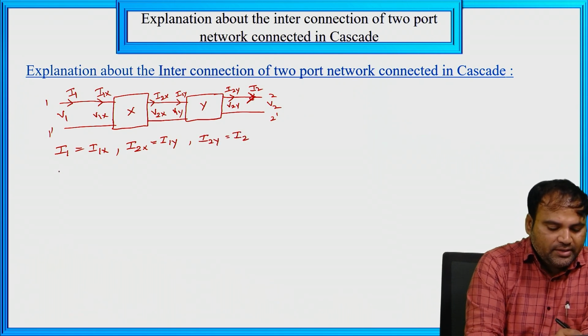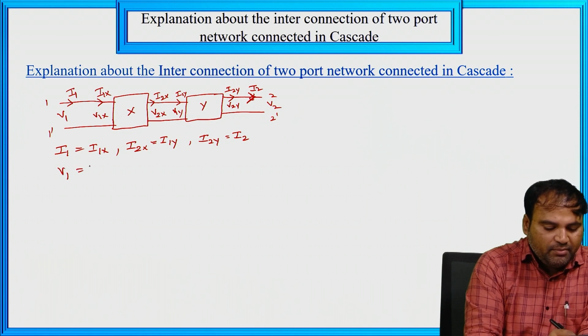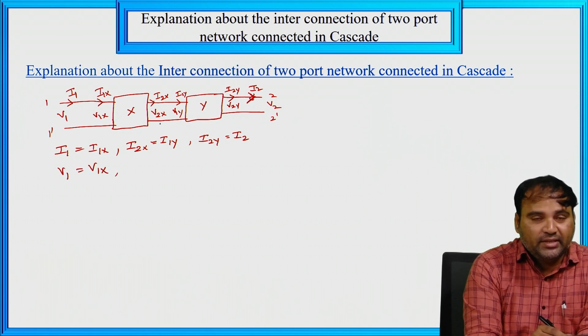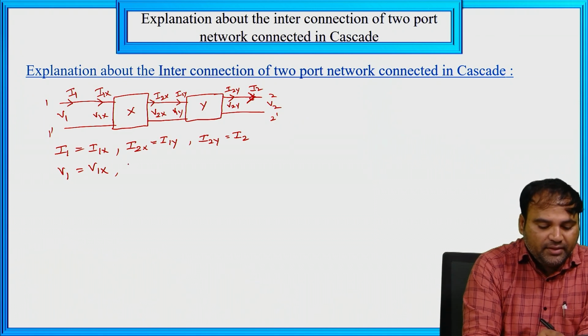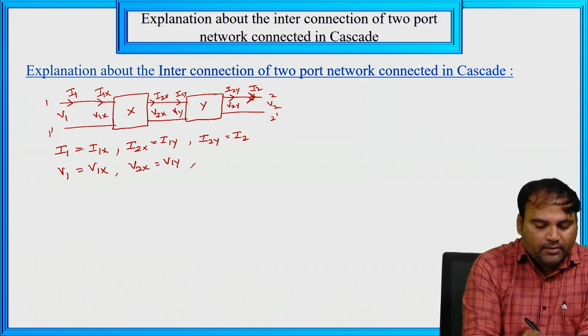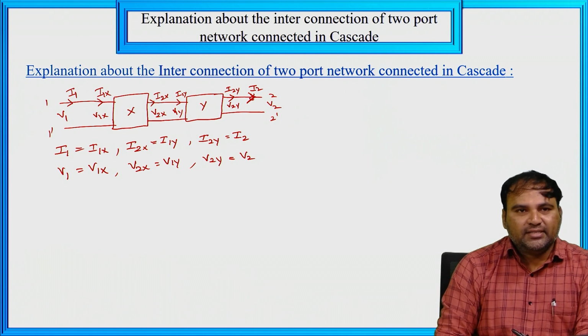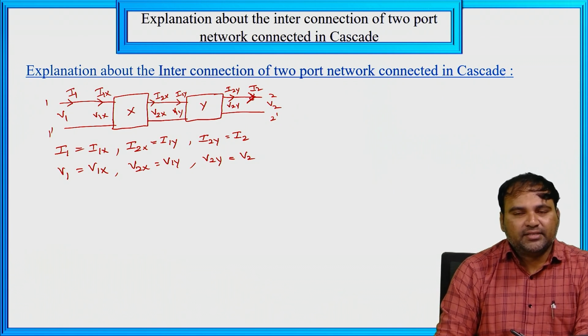The voltage V1 is nothing but V1X, V2X is nothing but V1Y, and V2Y is nothing but V2. These are the current and voltage relations of the cascade connection.